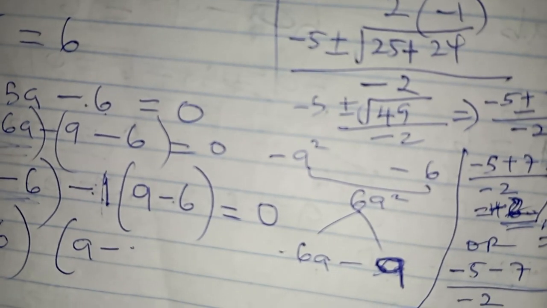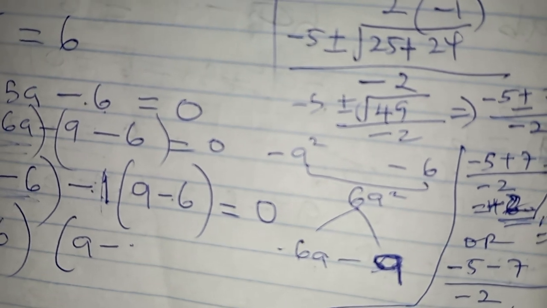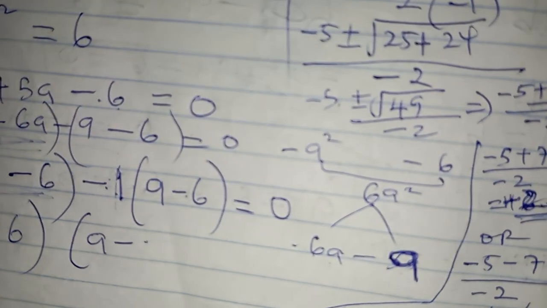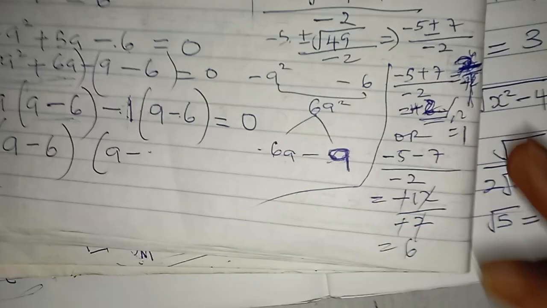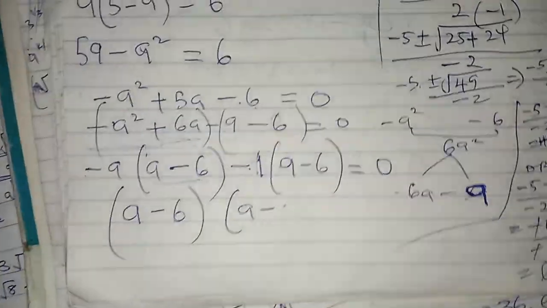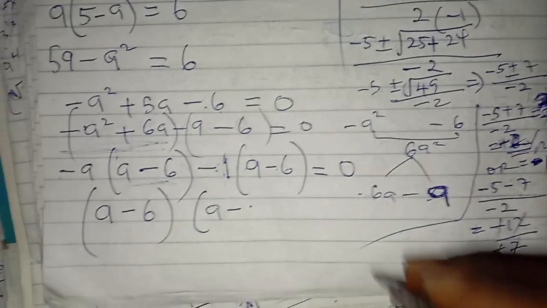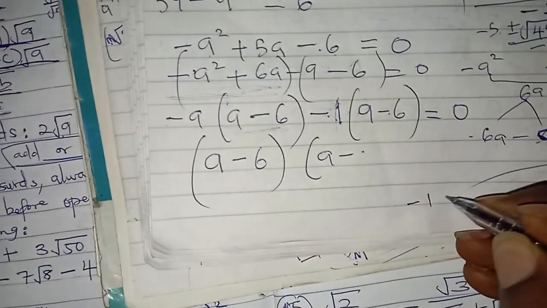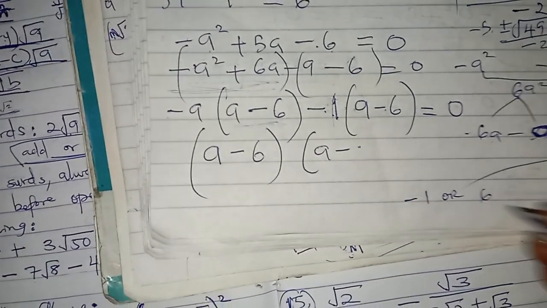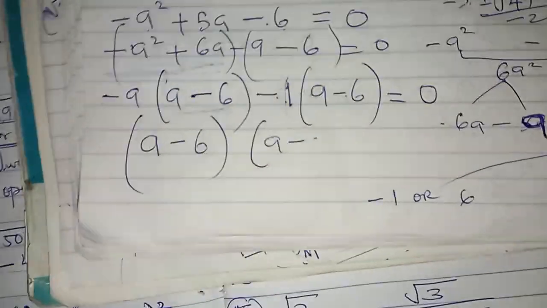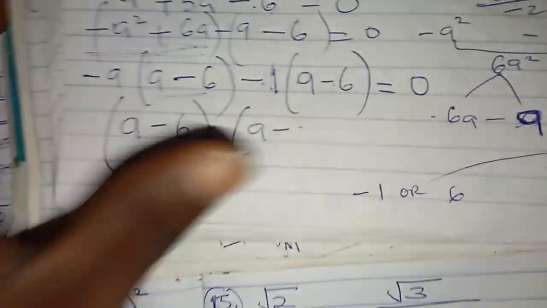So I simply have minus 1 or 6 as my value. Minus 1 or 6.